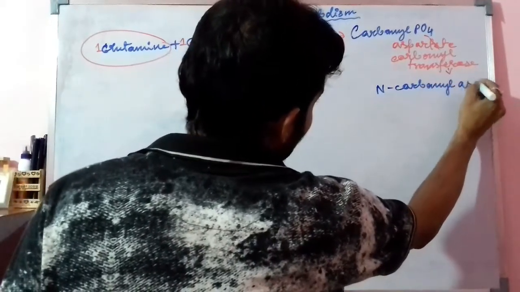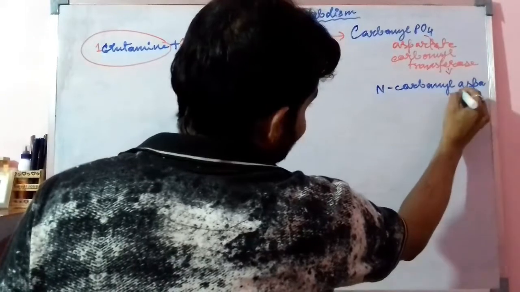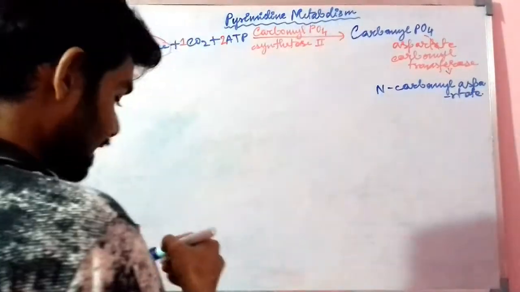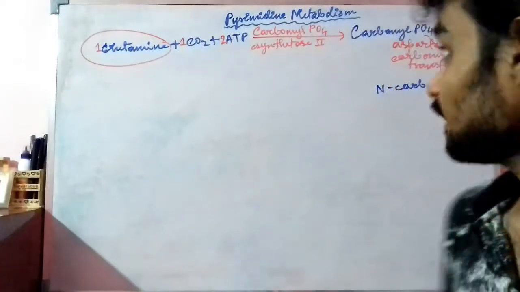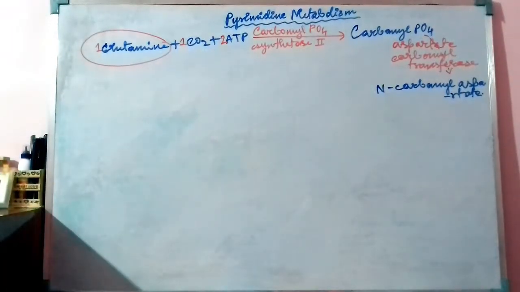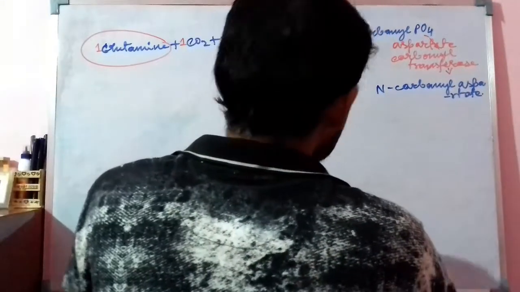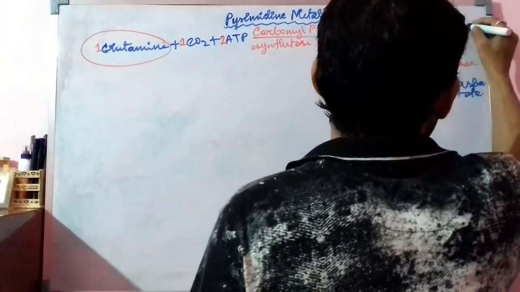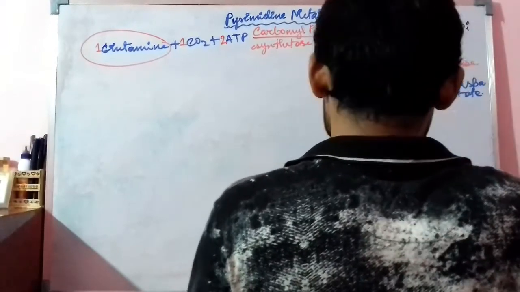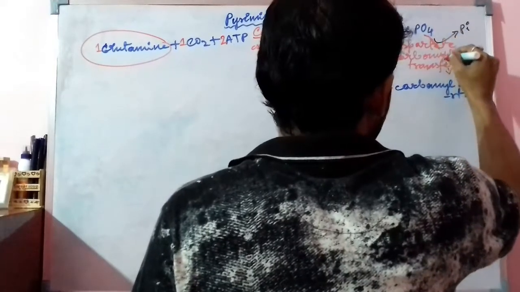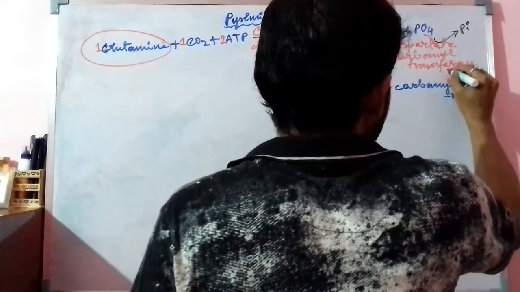N-carbamyl aspartate. This is what it gets converted to, in the presence of aspartate carbamyl transferase, along with the liberation of one Pi molecule, one inorganic phosphate molecule. This entire conversion takes place.